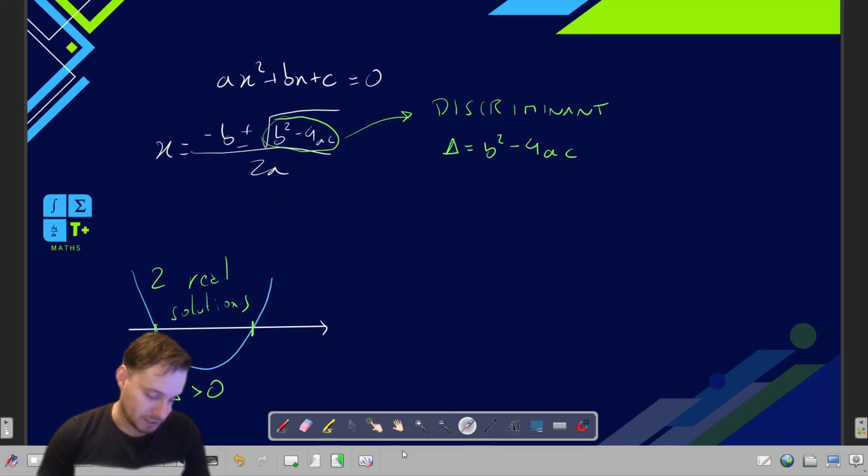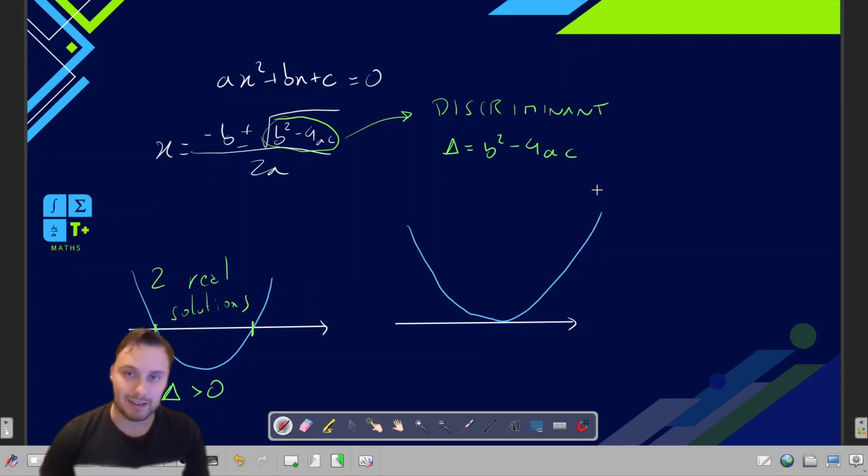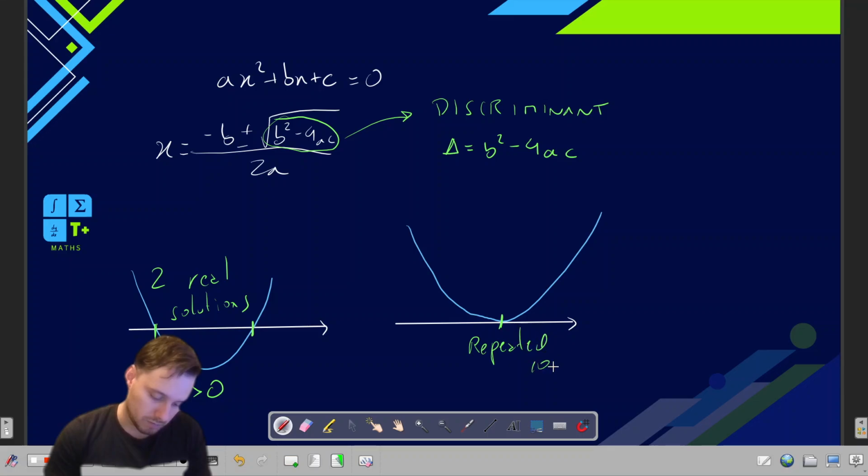A different scenario: I have my x-axis over here, and my parabola comes all the way down, touches it, and goes up again. This is what we usually call a repeated root, or a double root.